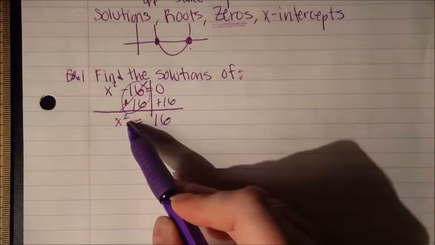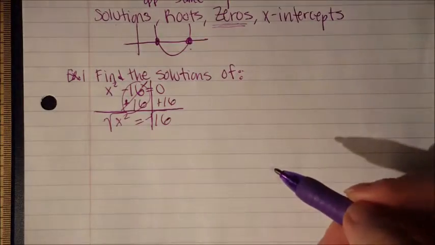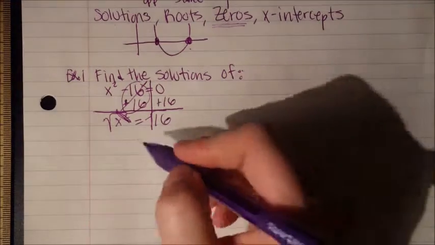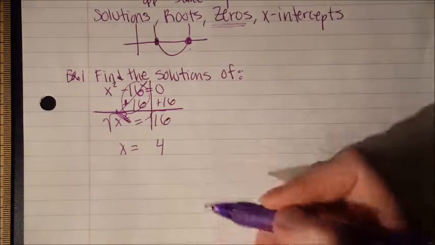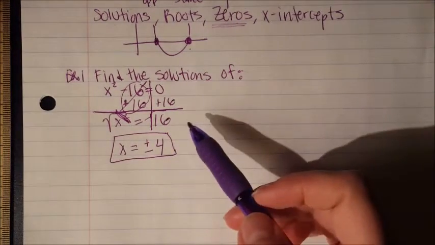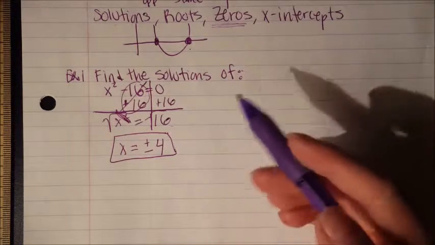Now we have to do the inverse of squaring. The inverse of squaring is the square root, so we need to square root both sides. So the square root cancels out the squared, leaving us with x equals, what's the square root of 16? It's not just 4. It's actually plus or minus 4 because positive 4 times positive 4 is 16. Also negative 4 times negative 4 is 16.